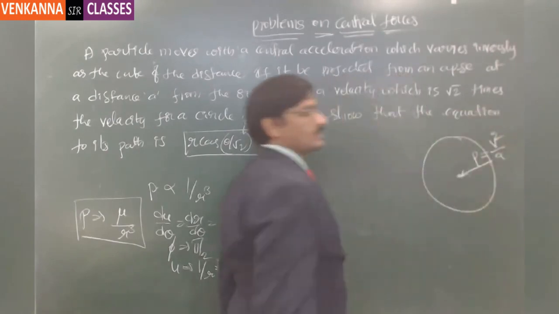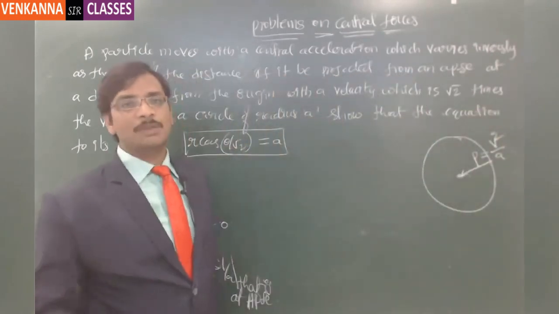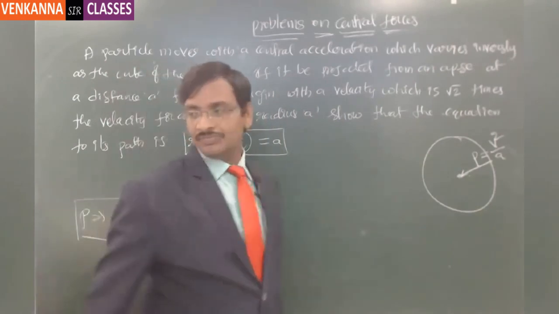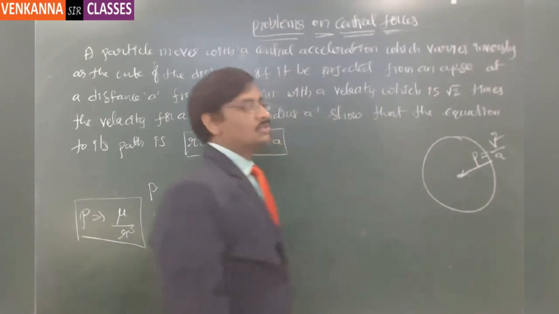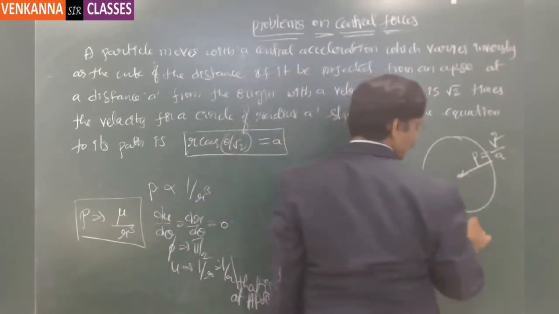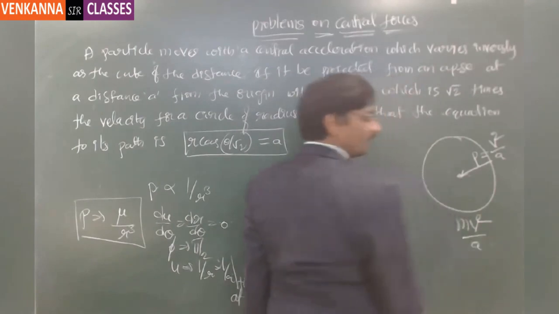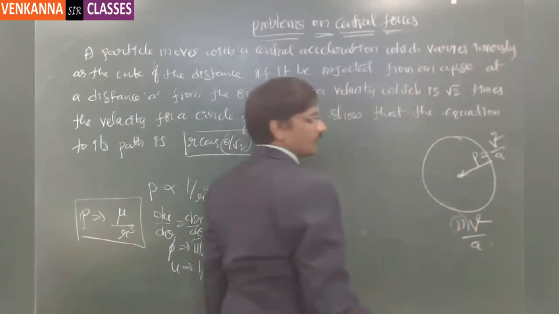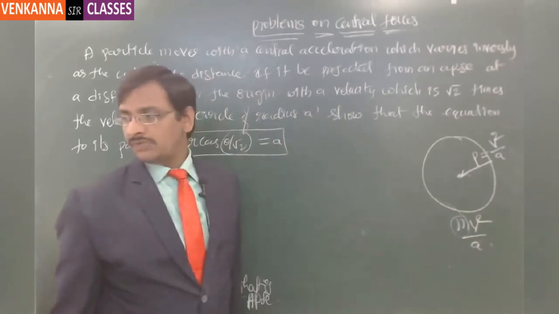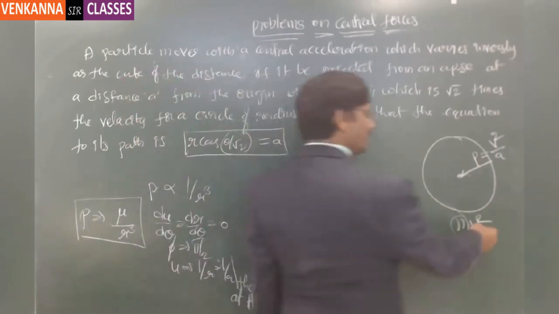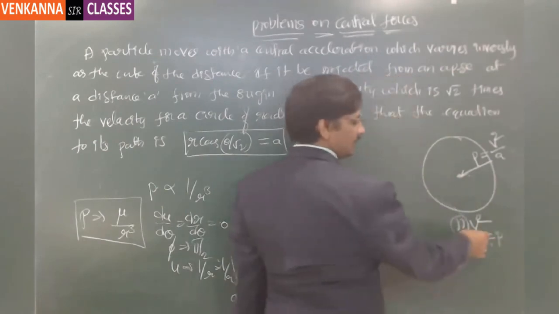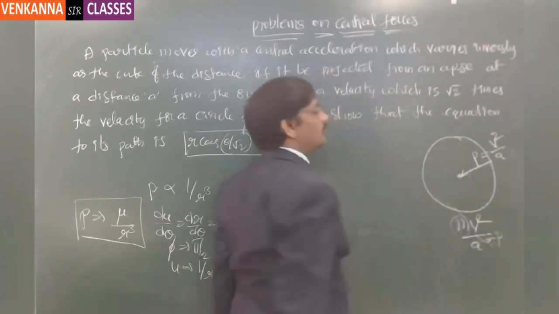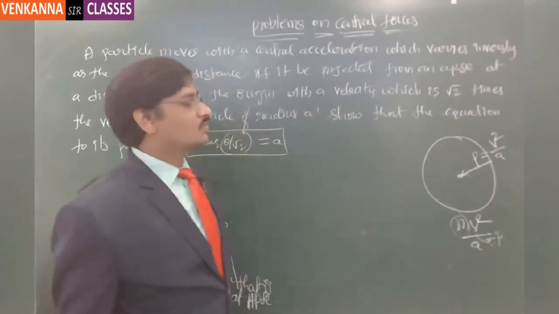So v square by a is the central acceleration for any circular path. That's why the centrifugal force is mv square by r or mv square by a, and this m comes from the fact that it is the force. If you remove that m, it is v square by a, which we call the central acceleration. So this central acceleration value is p equal to v square by a.